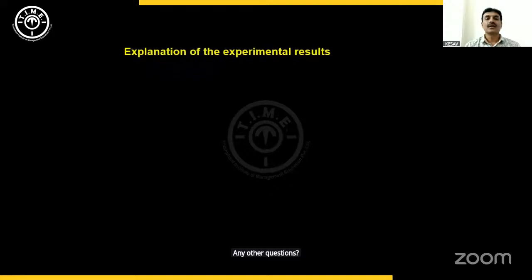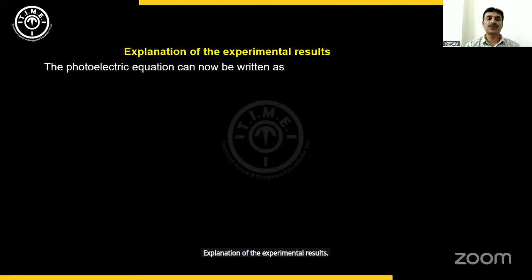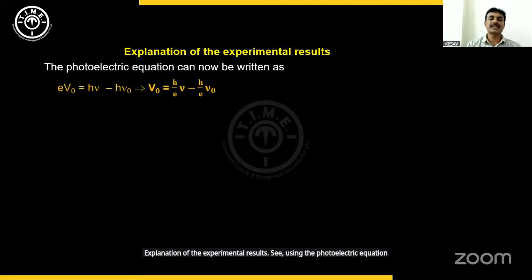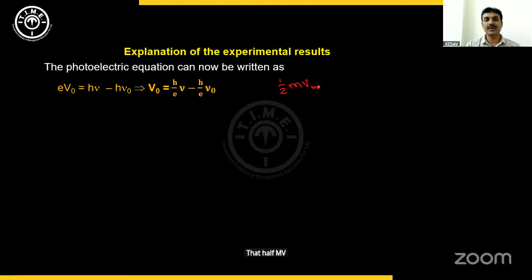Now, explanation of the experimental results. Using the photoelectric equation, hν is equal to hν0 plus half mv max square, this half mv max square is equal to eV0, where V0 is the stopping potential.